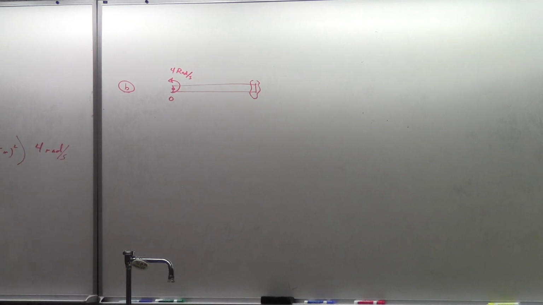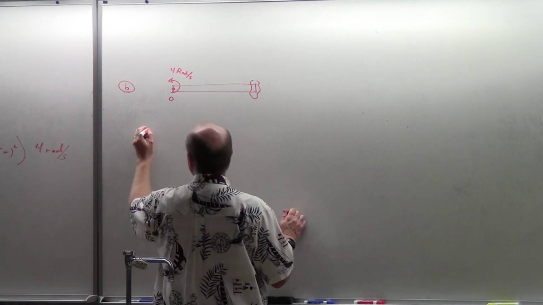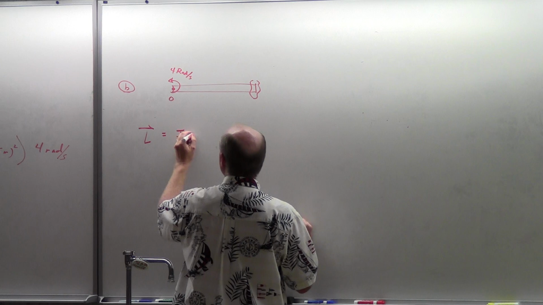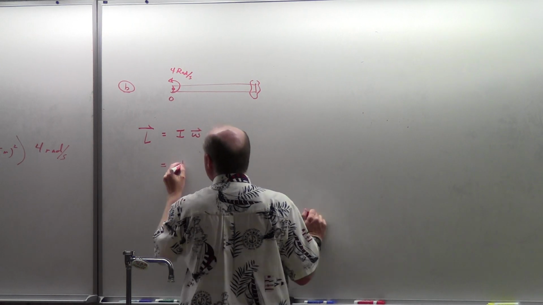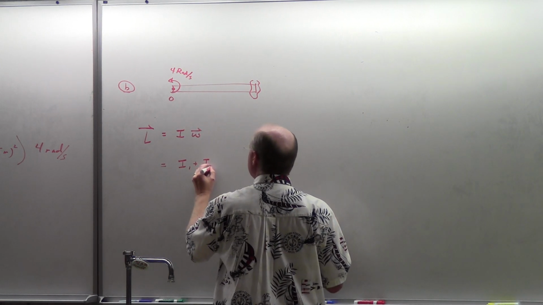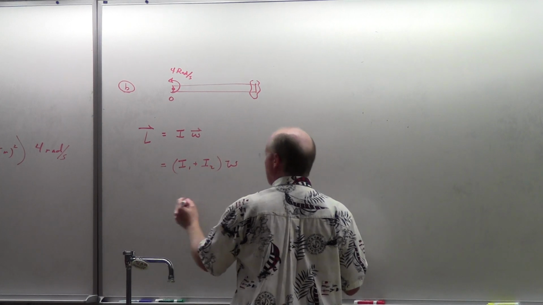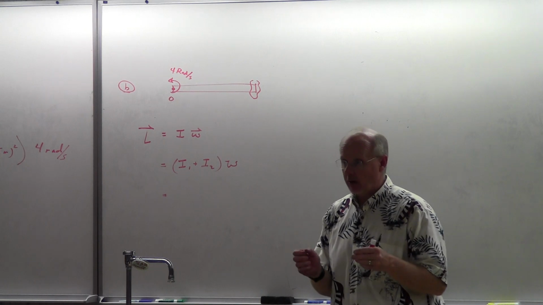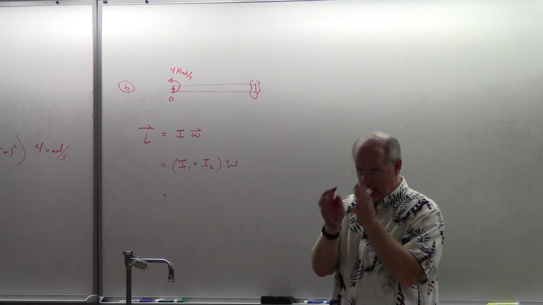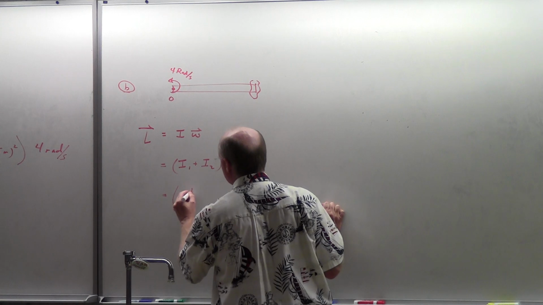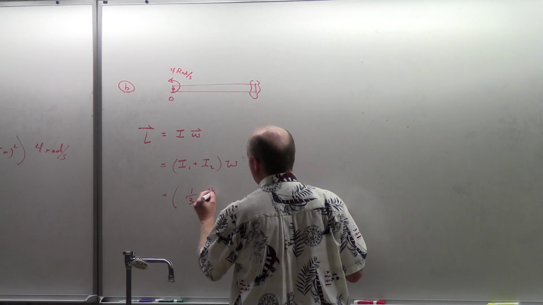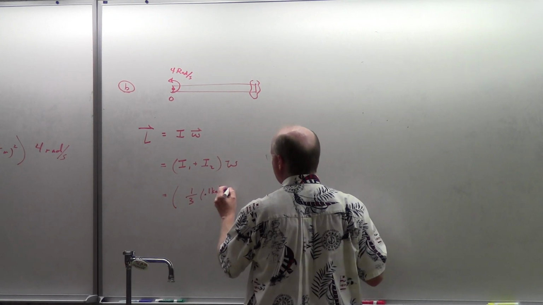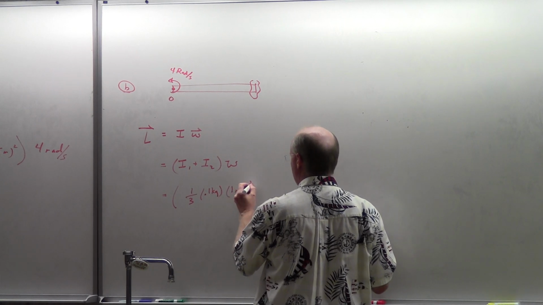But the concept of the physics is the same: I would need to calculate the angular momentum, which equals I omega. And again, the I would be number 1 plus number 2, putting the two objects together. In this case, the first object is a meter stick, so it's a meter long, but it's rotating around its end point. So what's the rotational inertia around its end? 1/3 ml squared.